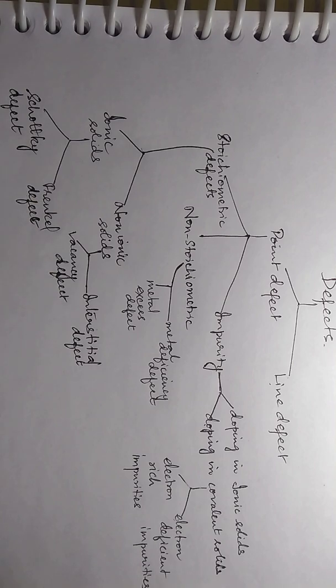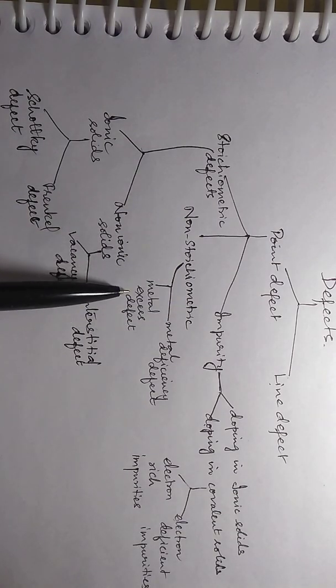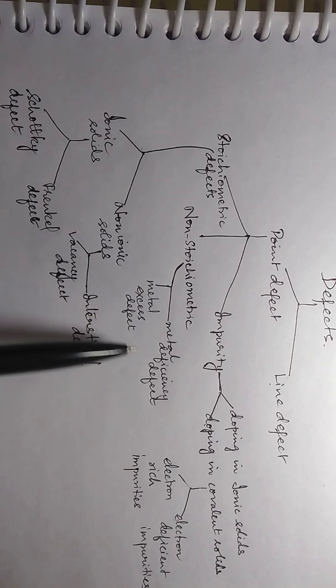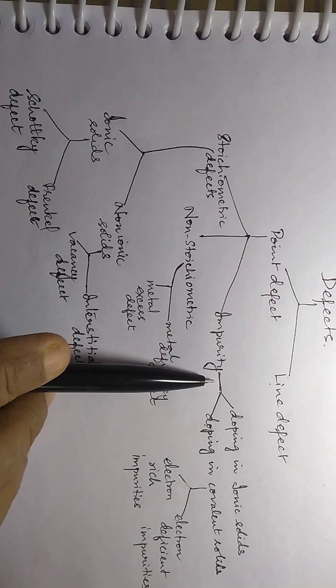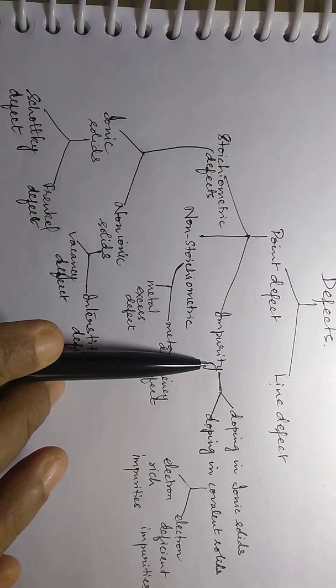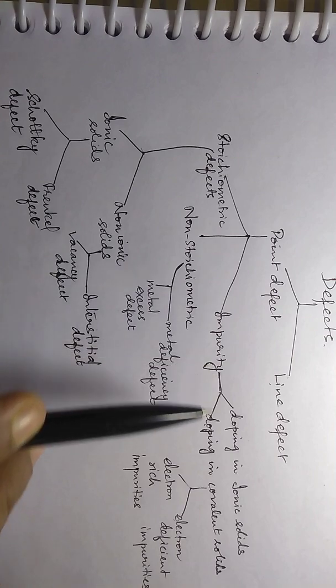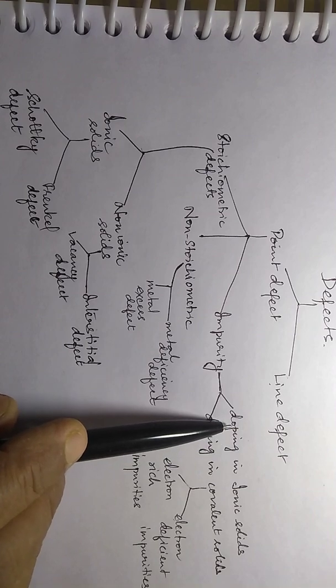Just because it's a non-ionic solid, the names are different, but the things that they exhibit are almost the same. In non-stoichiometric defects, it is again of two types: metal excess defect and metal deficiency defect. And then impurity defect. That is doping.